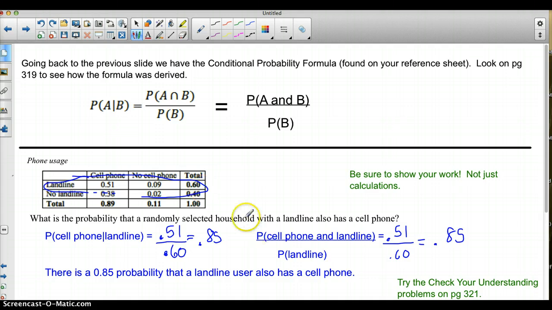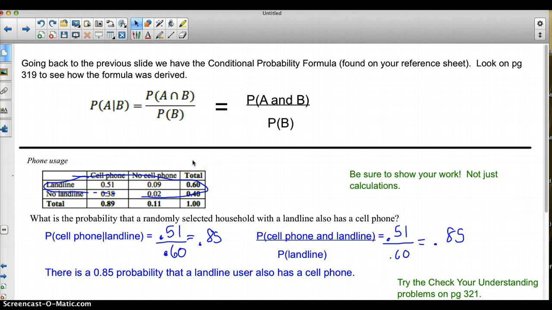Again, same formula, just different ways to write out your notation. So we can say there is a 0.85 probability that a landline user also has a cell phone. You could change it to a percent if you prefer, but since we already had our numbers in the table as decimals, we might write it as a decimal.